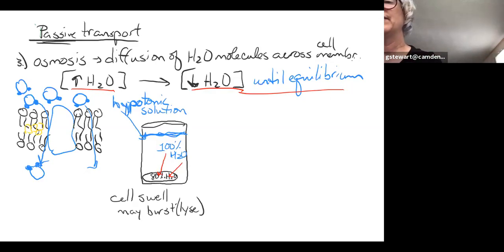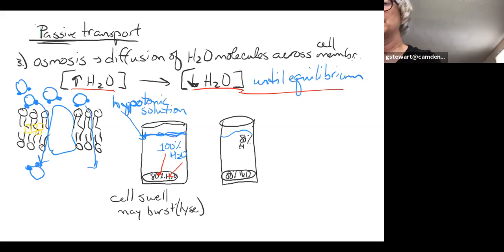Now, if I have a solution that is perfectly the same inside the cell and outside the cell, and let's say out here there's 80% water as well, because we have the same solutes in the solution, let's say salt and glucose, some amino acids, right?